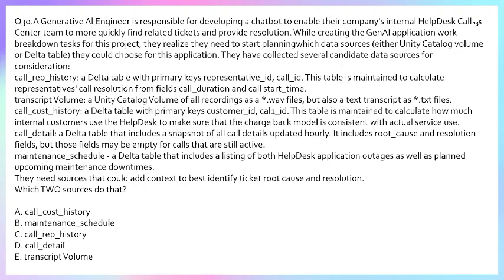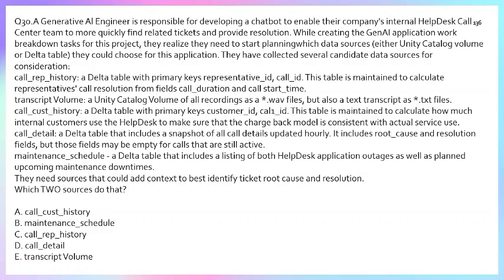Call cost history, this is option C. This table tracks how much a customer uses the help desk, and is used for the charge-back model. It is related to billing and usage, not the specific details of the call's content, root cause and resolution. Call detail: this table is the snapshot of the calls.